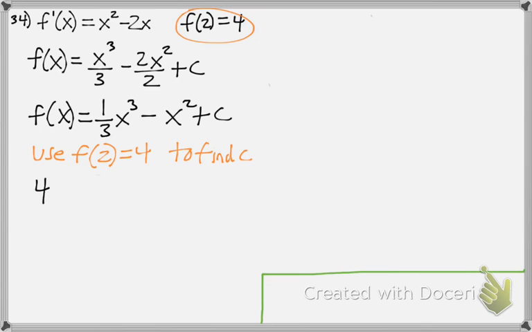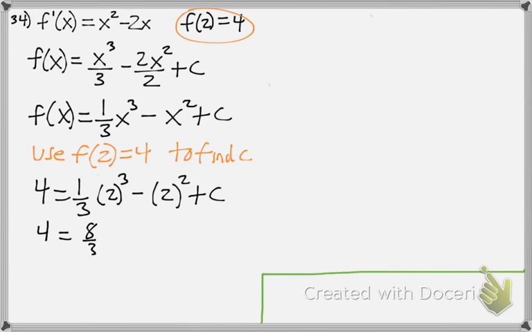So this is going to be 4 is equal to 1/3 2 cubed minus 2 squared plus c. I still don't know what c is, but if I solve this, this is going to be 4 is equal to, let's see, 2 cubed is 8, so this will be 8/3 minus 4 plus c.